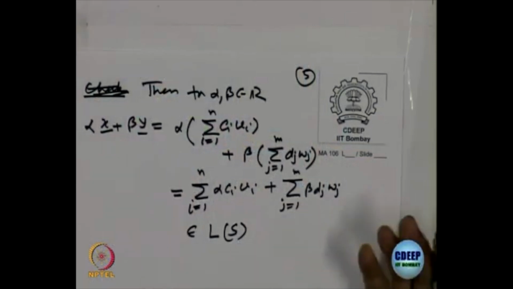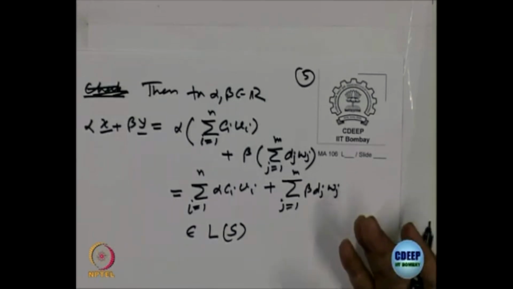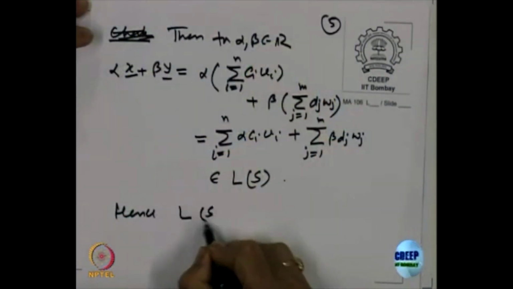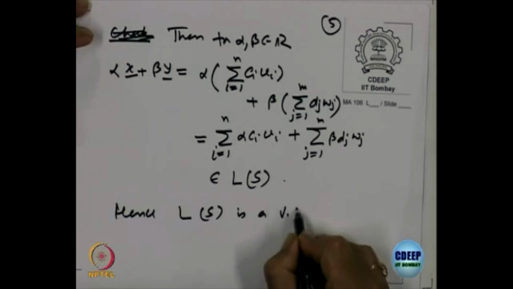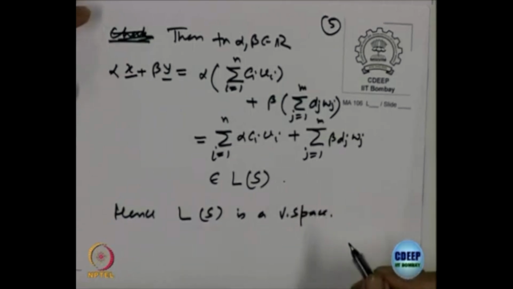Yes. It is again a linear combination, a finite linear combination of elements from S. That is all, nothing more than that. It is a matter of only writing. So this is okay. So hence L of S is a vector space.